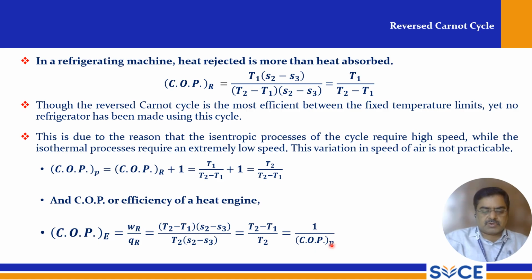So once we know the COP of pump, we can calculate the COP of heat engine also. So these are the relations between these three: the COP of refrigerator, COP of pump, and COP of heat engine. These three are mutually related.